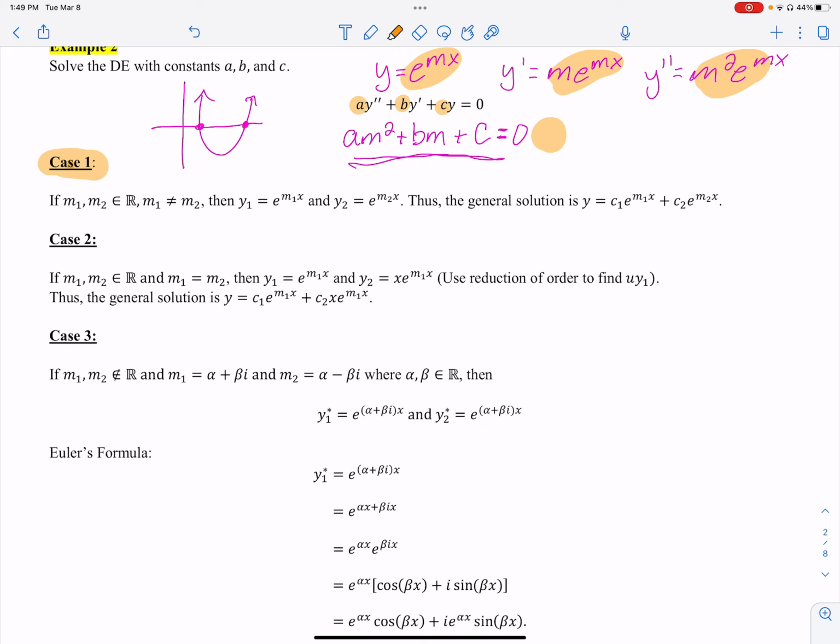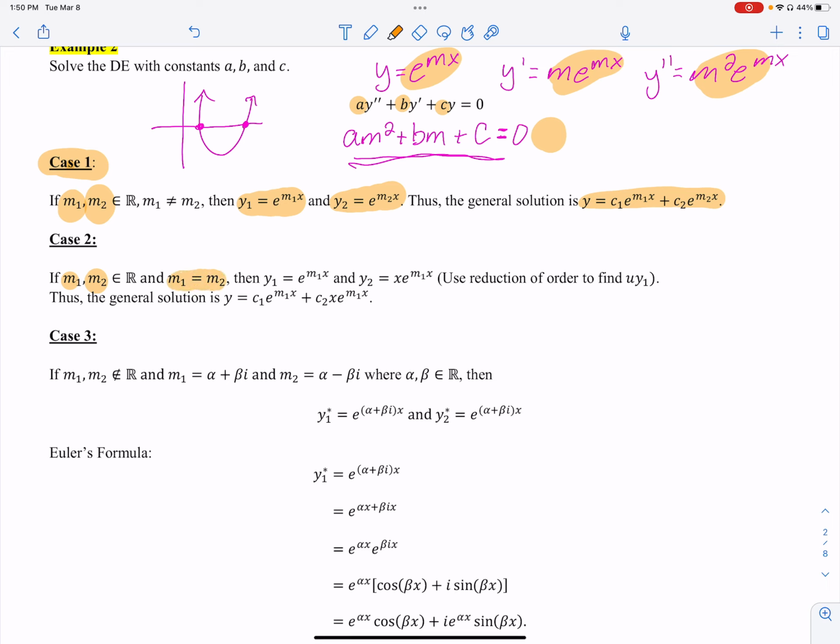In this case, if you have an m1 and m2 that solve our equation, then our 2 solutions are y1 and y2, and we just throw m1 and m2 in there for the coefficient of x, giving us a general solution of that. It's actually, I think, the better scenario. It's the easiest one.